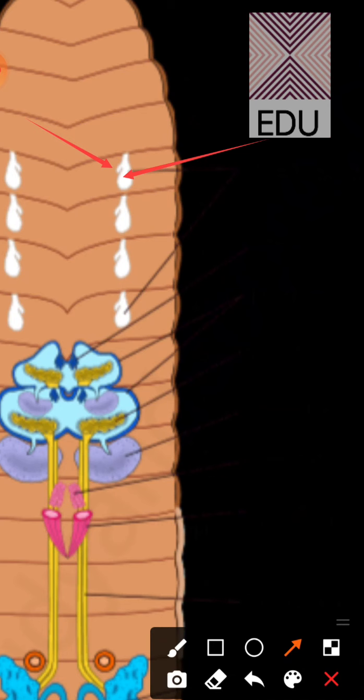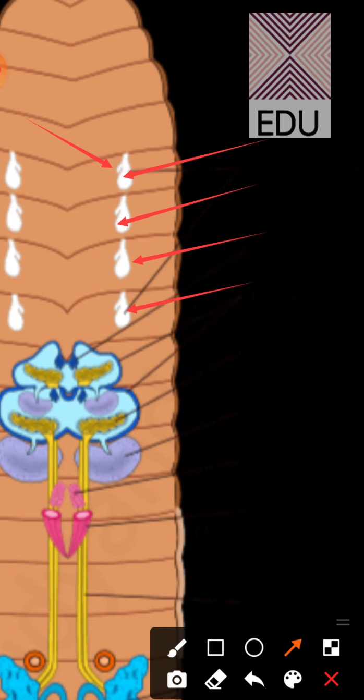So students, the function of these spermathecae is to store the sperms, but these sperms are not of this particular earthworm. This is the most important thing to note, that the sperms present in these bags are of the other earthworm because there is cross fertilization.